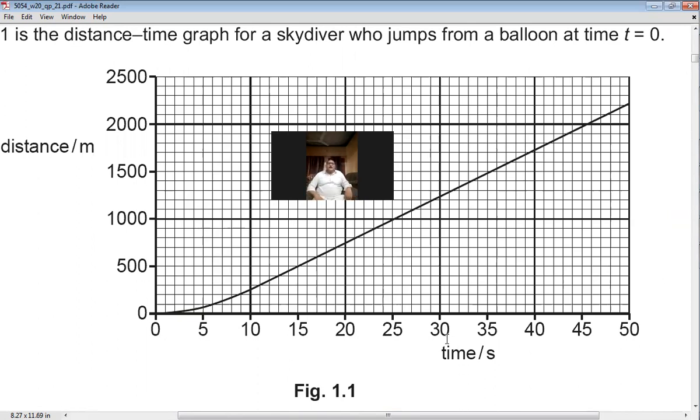But when he jumps at t equals 0, his acceleration will be maximum, and then, because the air resistance starts acting on him as he falls, his acceleration will decrease. After 20 seconds, the acceleration will become 0, while the speed of the body has increased from t0 to t20. So I can write this answer.